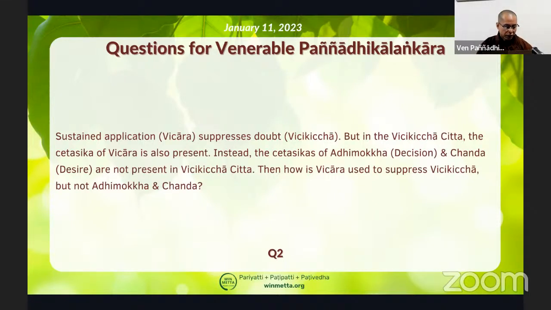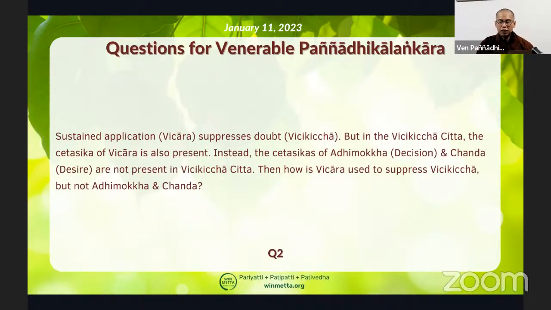So that's why it is considered similar to the nature of panna. As for the previous question, I mentioned that the opposite of vicikiccha is wisdom. When the nature of vicara is considered similar to wisdom, this becomes the opposite of vicikiccha.